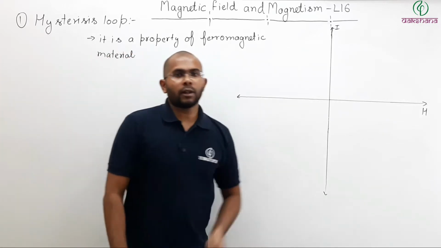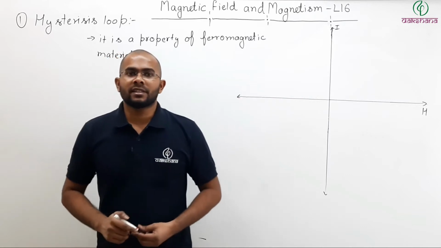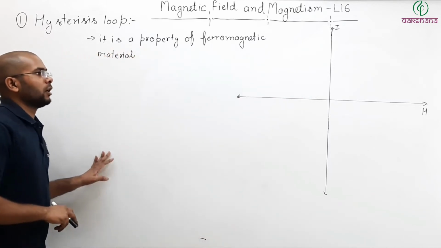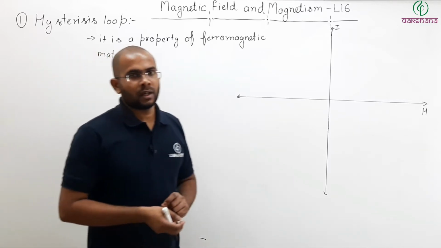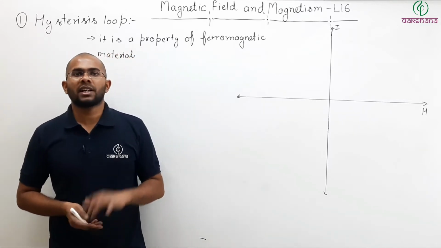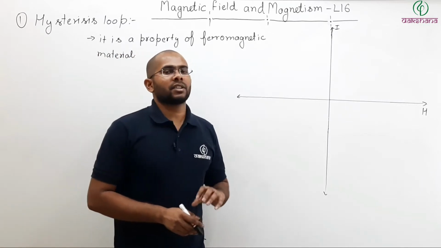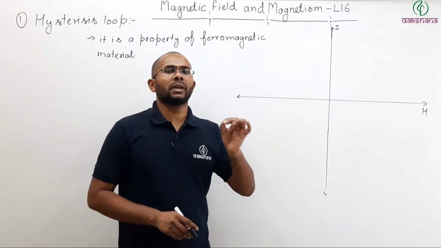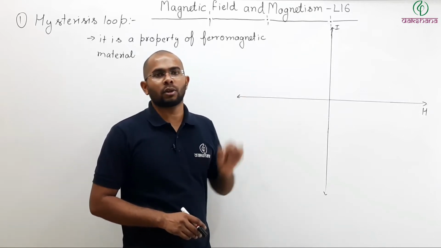Now, in order to understand what hysteresis is and how it affects your material, we will draw something called the hysteresis loop. In order to draw the hysteresis loop, let us take an example. Let us take that we have a solenoid and there is a ferromagnetic material placed inside the solenoid.